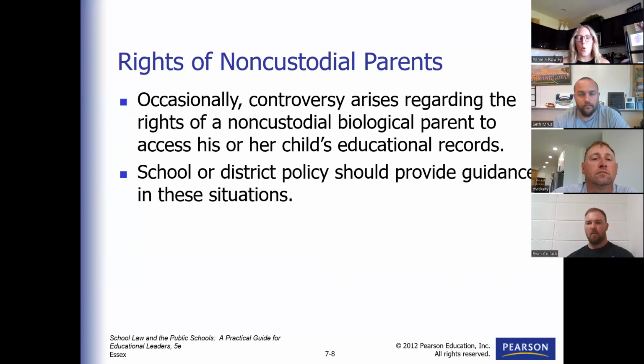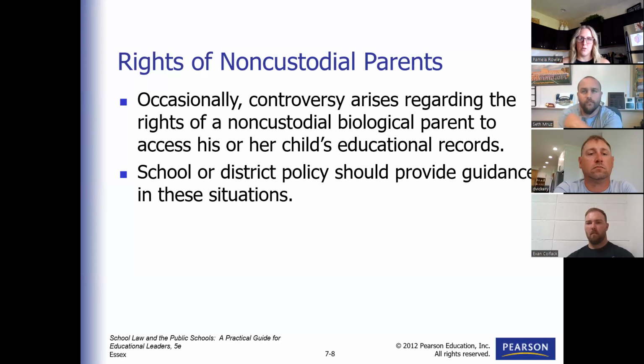In the end, the court said both parents can have access because they're both biological parents and it's in the interest of the welfare of the child. So even though one had custodial rights and one did not, I think that could be by situation.